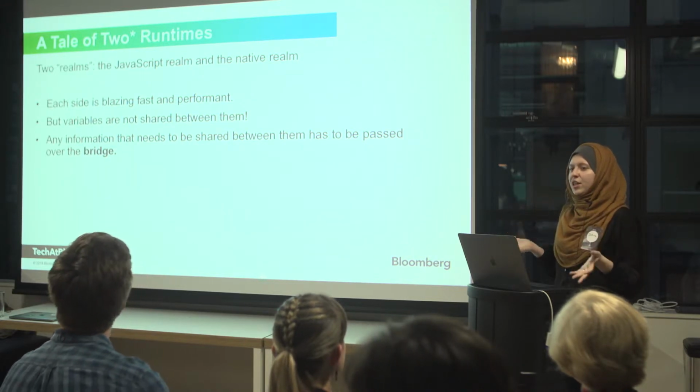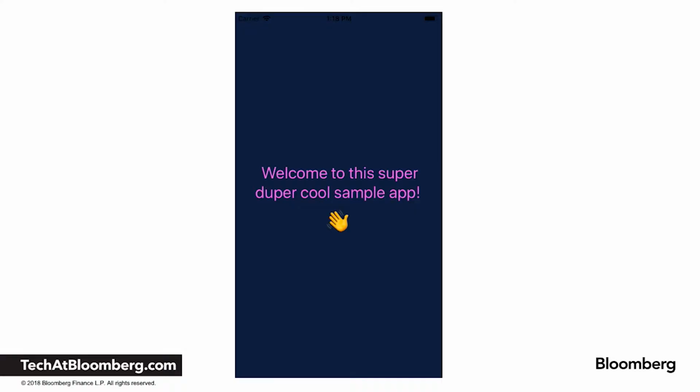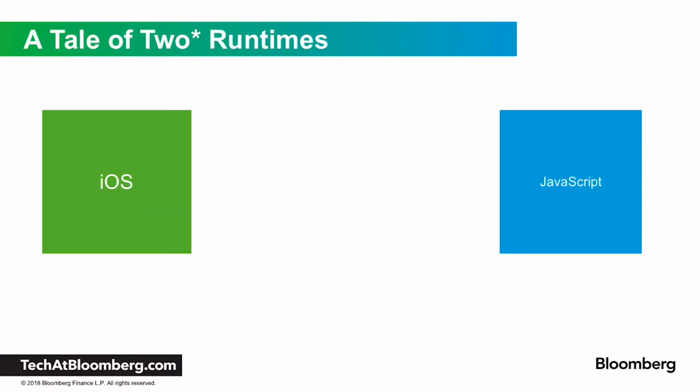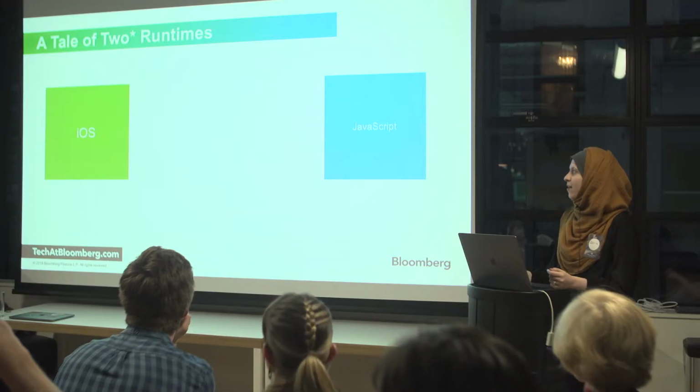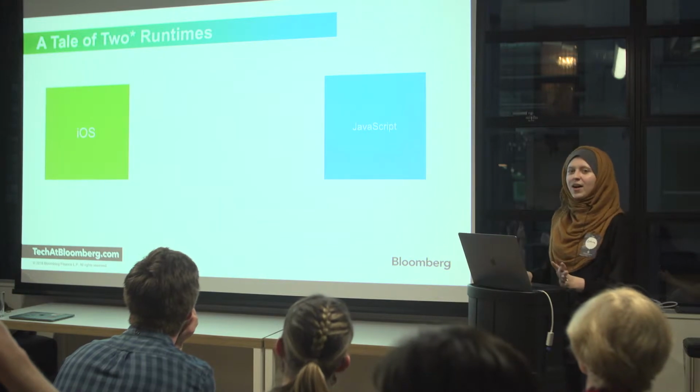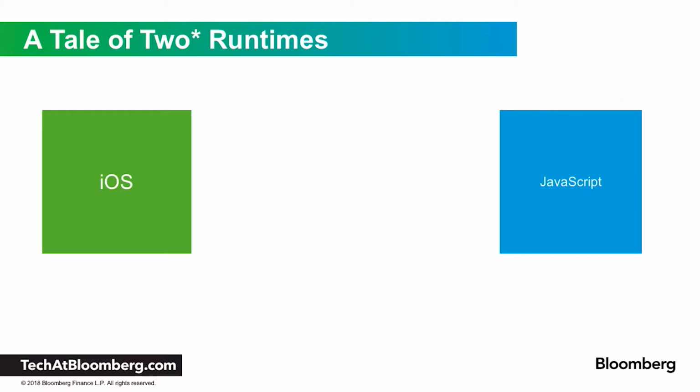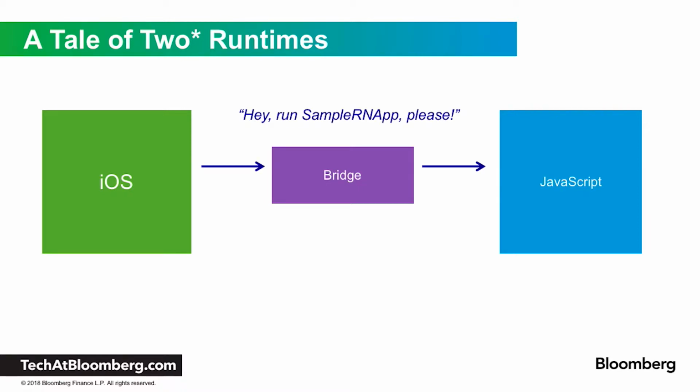So how does this actually look in terms of our sample application, which I'm going to show you about 10 more times tonight? I'm going to take you through how it works on iOS. It's very similar to how it works on Android as well. To start off with, we have the two separate runtimes, iOS and JavaScript, and we want to start up our React Native application. On iOS, we also have the bridge. iOS wakes up and essentially says, hey, can you start this application for me, please, JavaScript?